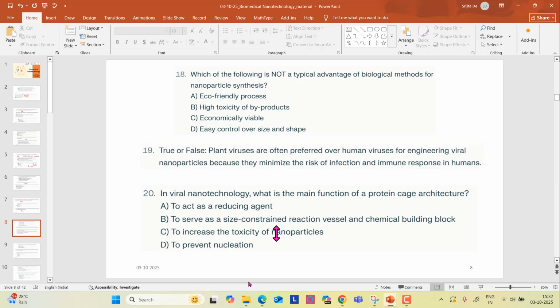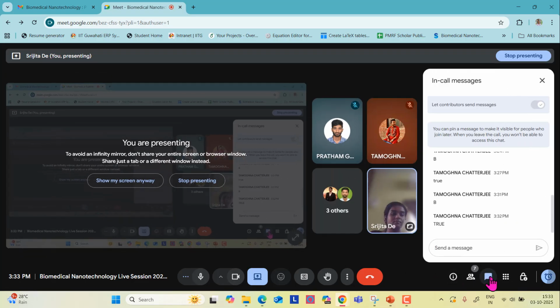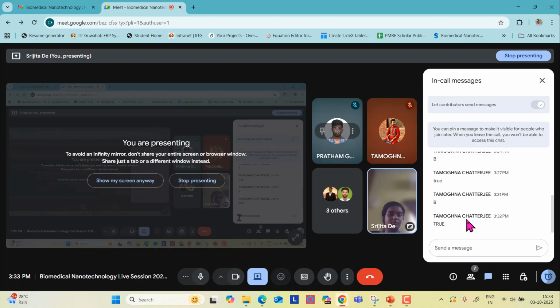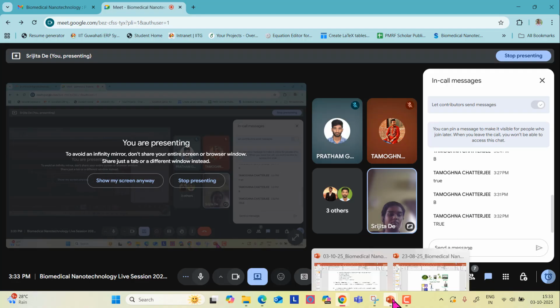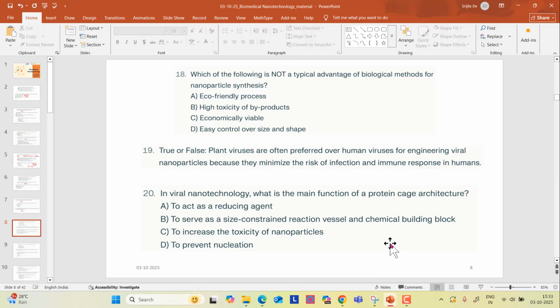Next. Which of the following is not a typical advantage of biological methods for nanoparticle synthesis?